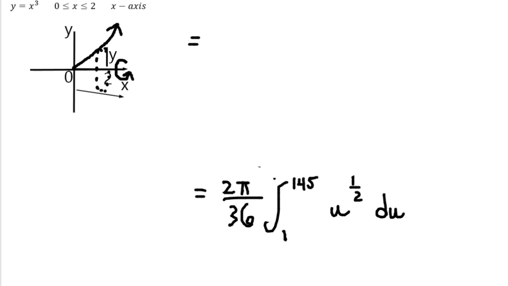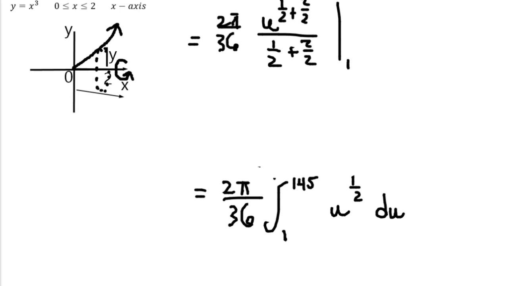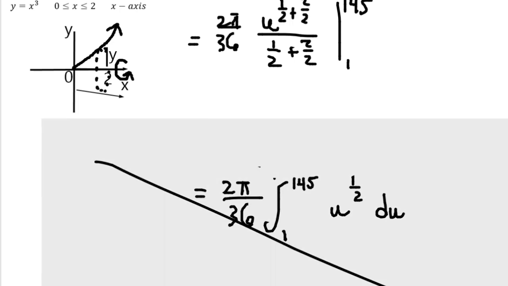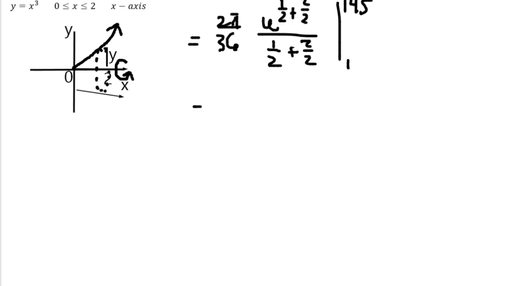So we can simplify this, but let's do it later. So we got 1/2 plus 2 over 2, and plus the constant. Actually, we're not going to use a constant, but we're going to integrate, still, and find its value from 1 to 145.